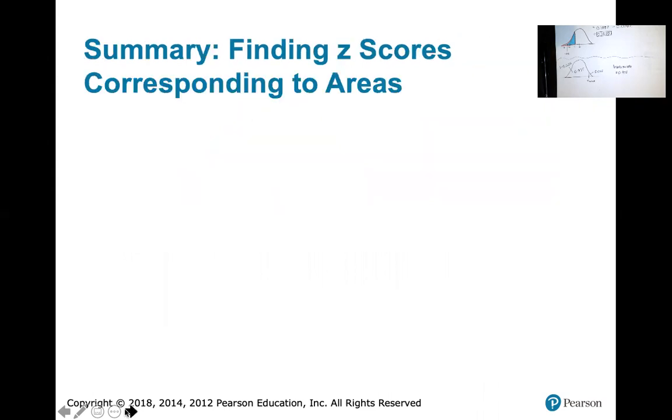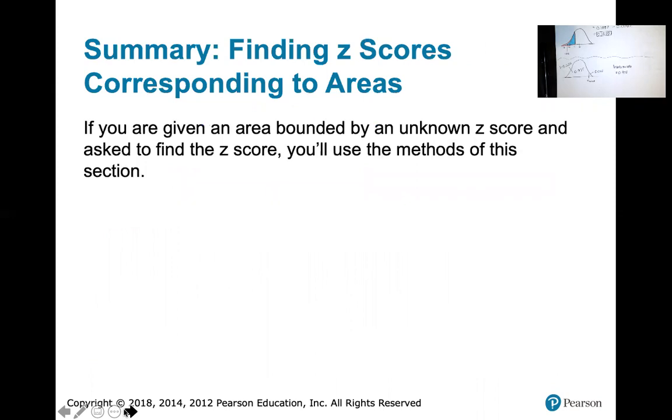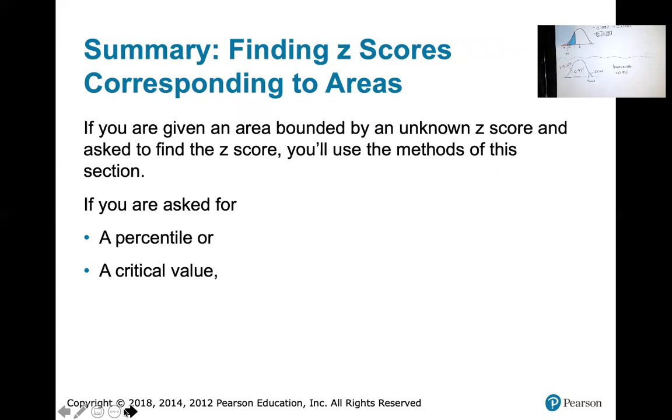Okay, so here's our summary for this video. If you're given an area bounded by an unknown z-score and you're just asked to find the z-score, you're going to use the methods of this section. Usually they're going to give you a picture and they're just going to say find z. But if you're asked for a percentile or a critical value, know that you're going to do exactly the same thing. They're implying an area.